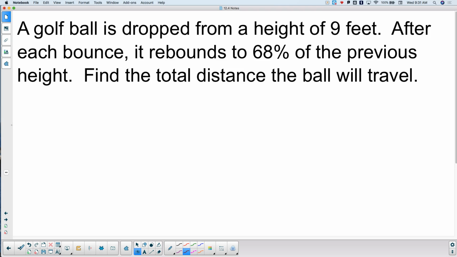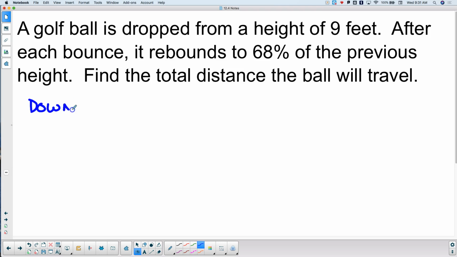So how many directions does the ball travel? Two, down and up. Which one do you want to do first? Down, since it starts high and goes down.